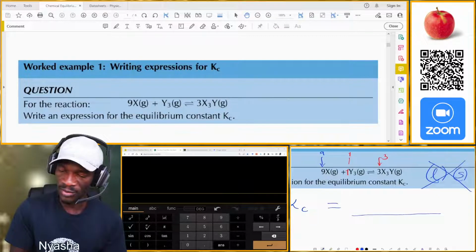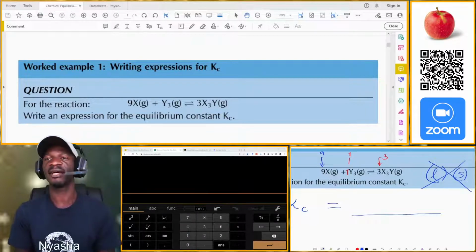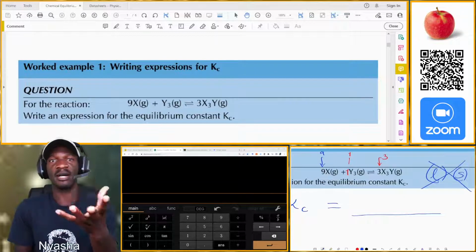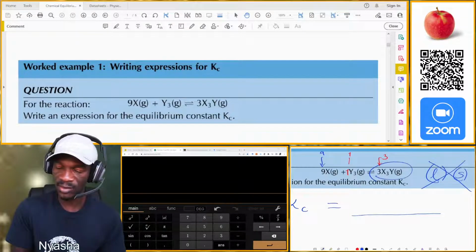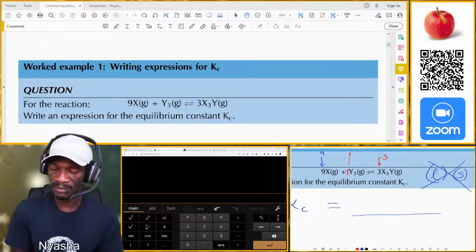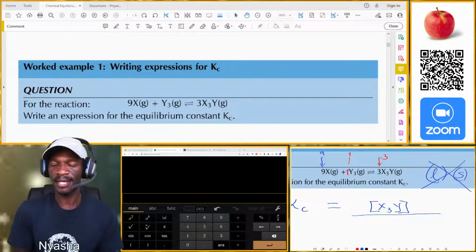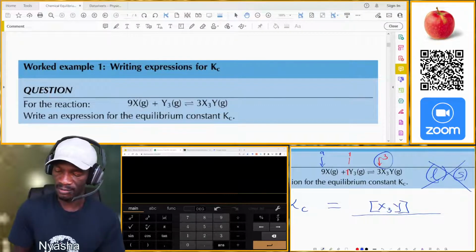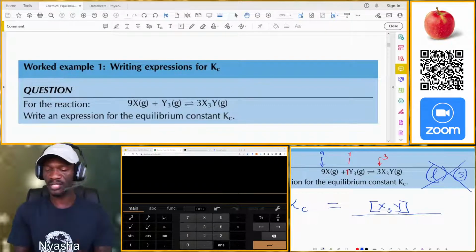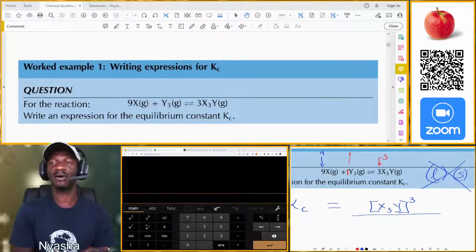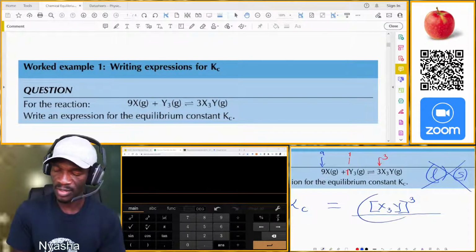And then we also have that one as gas. So in our numerator, we will write the concentration of the product. In this case, we have just one product, X3Y, and we will use its molar stoichiometric ratio, the coefficient 3, and it becomes the power to which we raise the concentration.